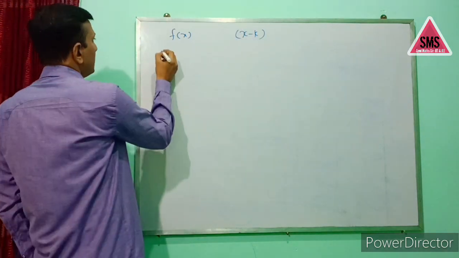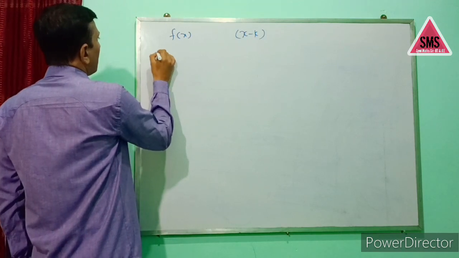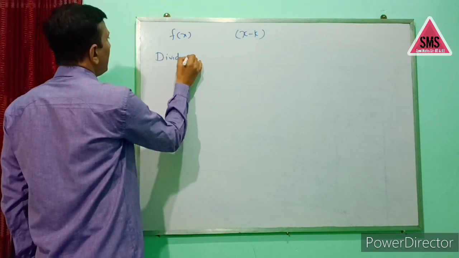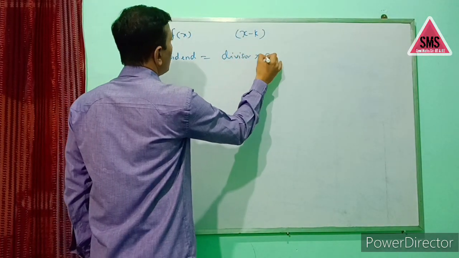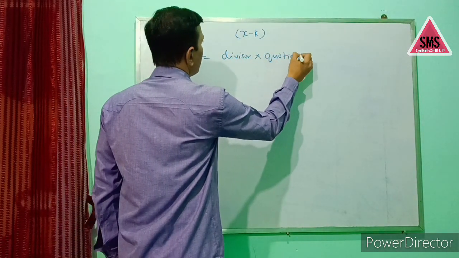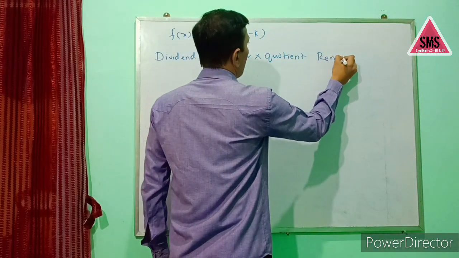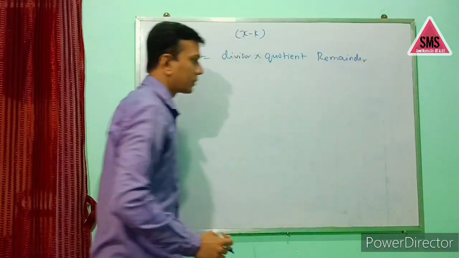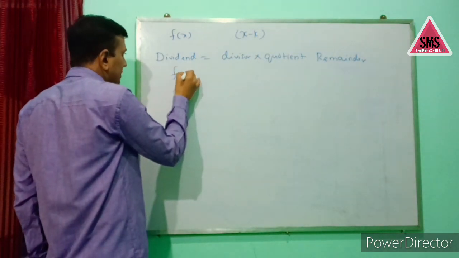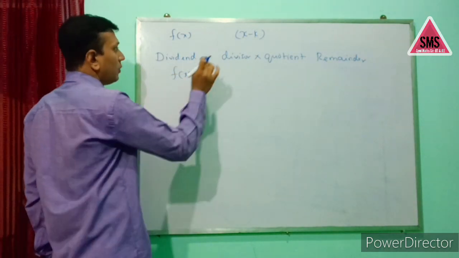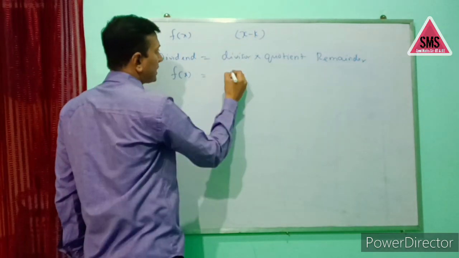So what is the proof? We know that dividend is equal to divisor into quotient plus remainder. What is the dividend here? We are dividing f of x. With what are we dividing? With x minus k.